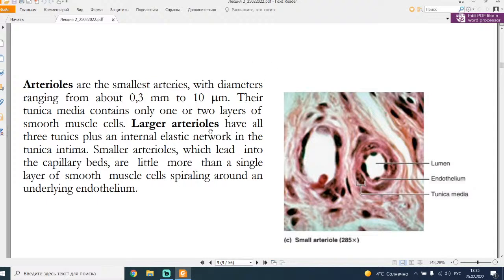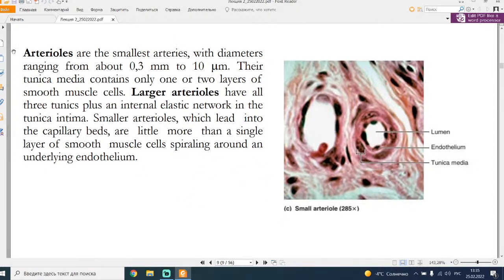Next part of the artery: arterioles. Arterioles are the smallest arteries, with diameters ranging from about 0.3 millimeter to 10 micrometers. Their tunica media contains only one or two layers of smooth muscle cells.